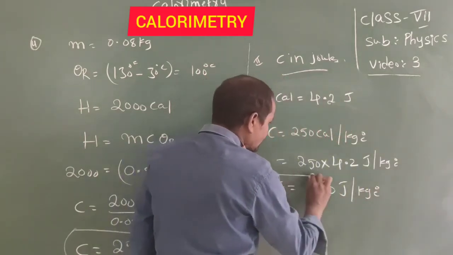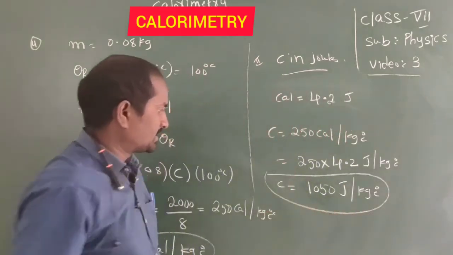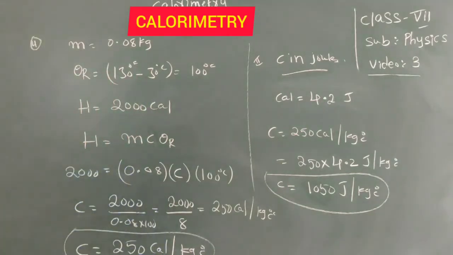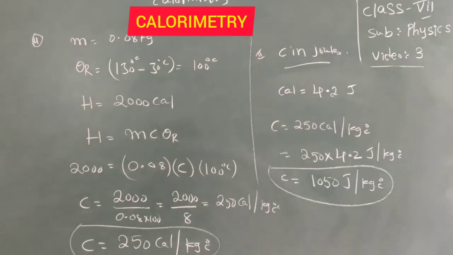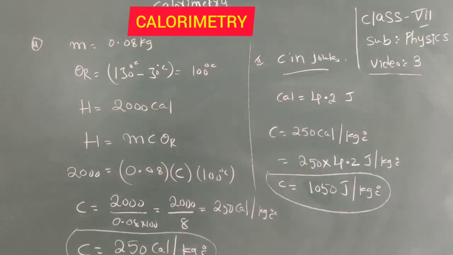It is the C value. C equals 1050 joule per kg degree Celsius.